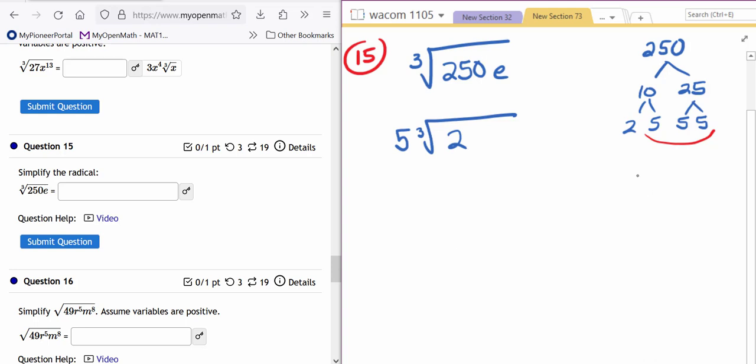Now for our e, this is cube root of e to the first power. And you don't have enough of these. You only have 1 copy, so there's no reason to write them out or anything. You have to have at least 3 for something to go outside. So it's going to stay an e inside because you didn't have enough to make a group for it.